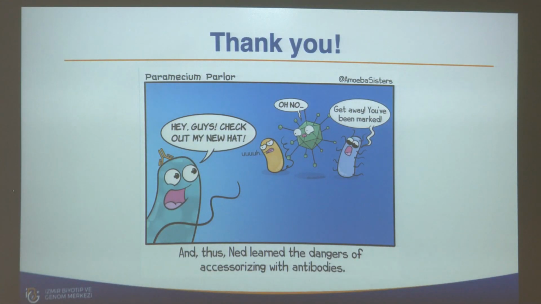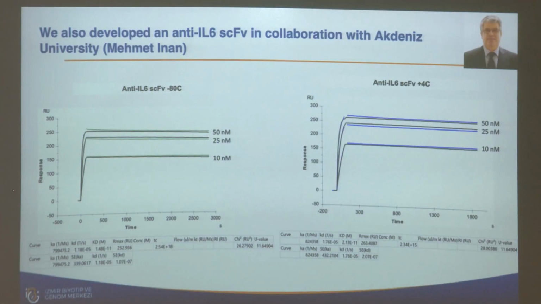Thank you very much. Before that, we also developed an anti-IL-6 scFv, by the way, if you need a collaboration. We already have the sequence, and the affinity is in the picomolar range, by the way. Just keep that in mind. Mehmet İnan, maybe you already know him, the coordinator of the R1004.